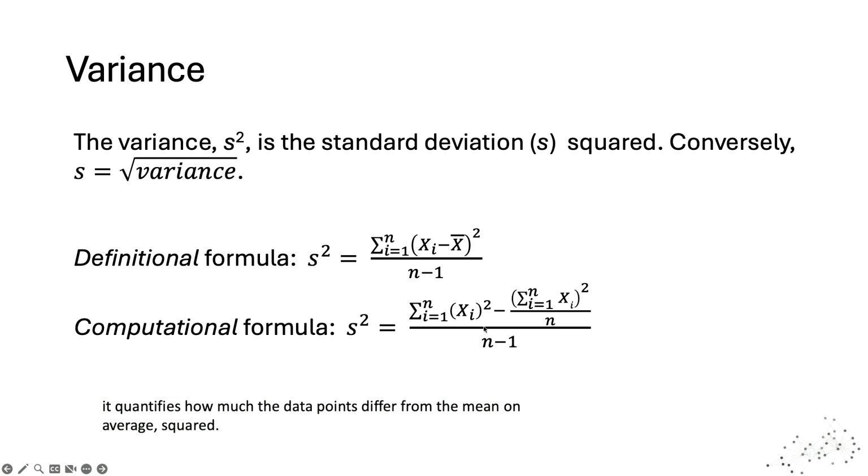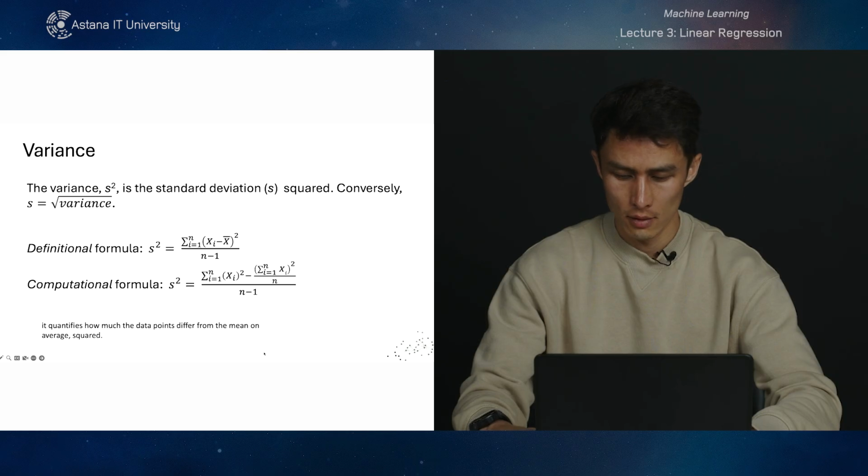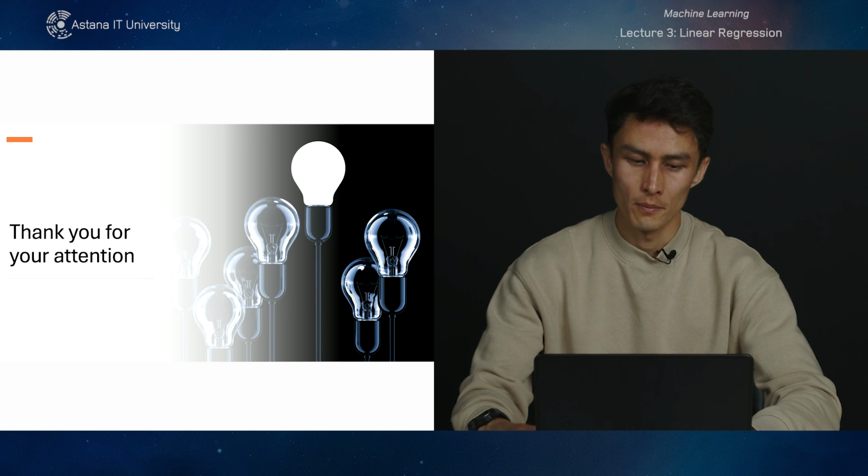So this is the measure called variance, and the formula is given in this equation. So that's all related to some basic statistics and about the linear regression model.